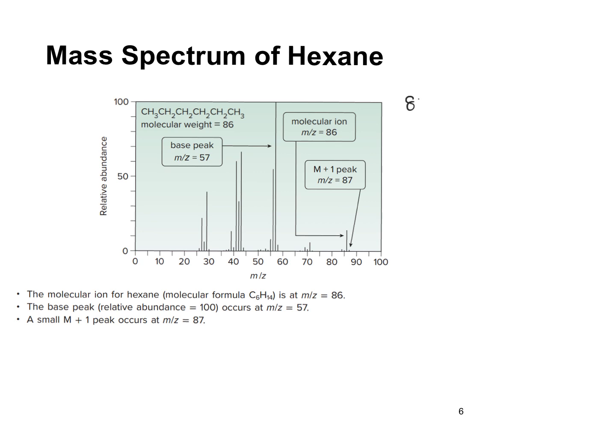So if we take 86 and we subtract 57, we get 29, okay? And so what this means, when you look at this molecule, is that it has broken right here to form a cation.